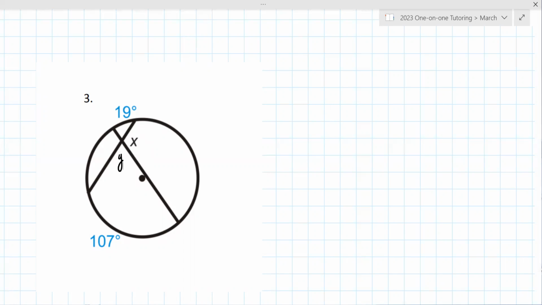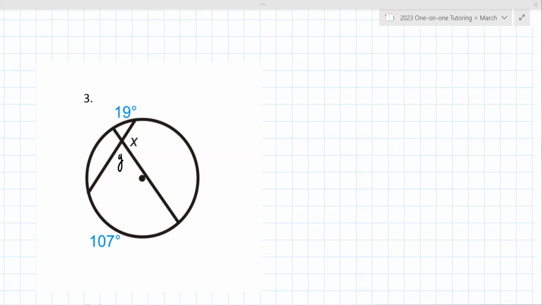Okay, so if you could solve this for Y and then X for me, I'd appreciate that. Then we can look at some other problems having to do with chords. So Y is 63, and that's just the average of those two. I agree. And then X is 117.